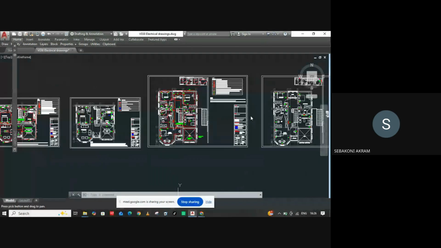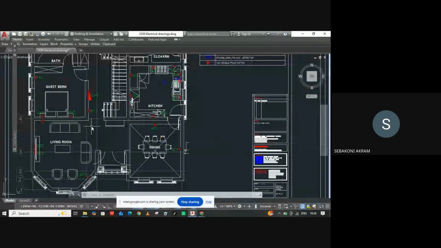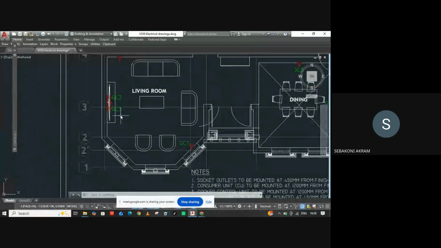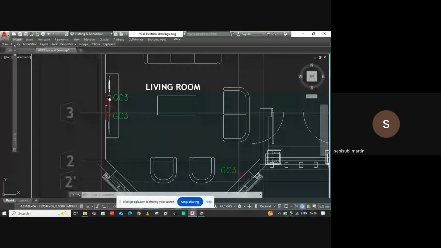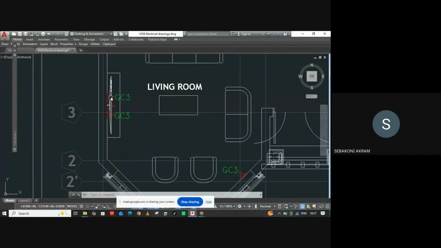Let us go to the ground floor here. There you expect to have a television, a woofer, also a sound system. What else? Decoder. So that method is knowing the load by having the consumption for each and every appliance and equipment within your home.